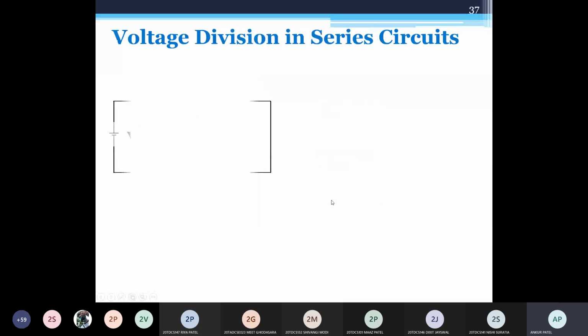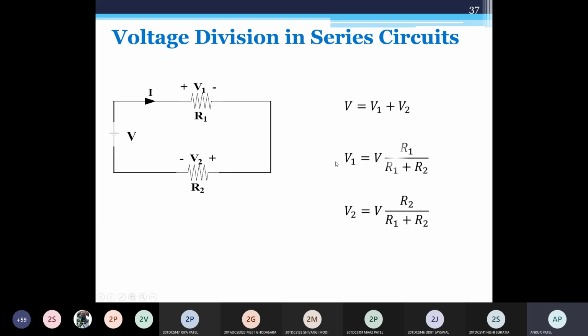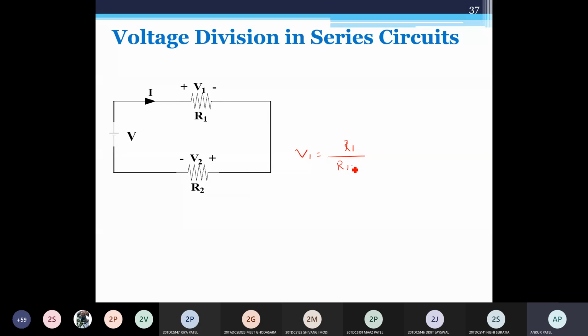Now the voltage divider rule is applicable for series connections. For finding V1, that is across R1, V1 is equal to R1 divided by the total resistance R1 plus R2, into V, that is your supply voltage.